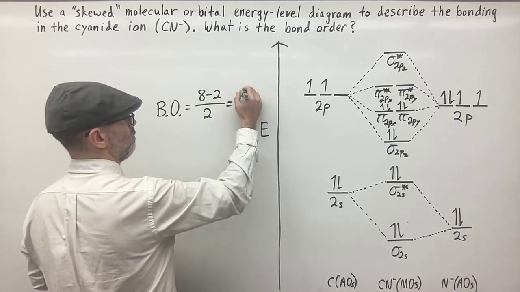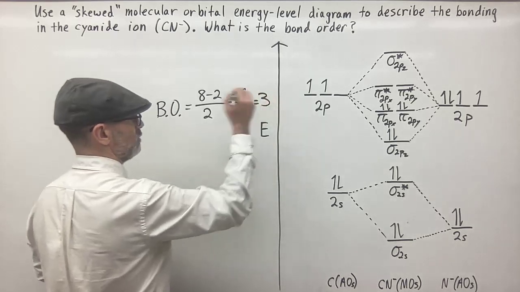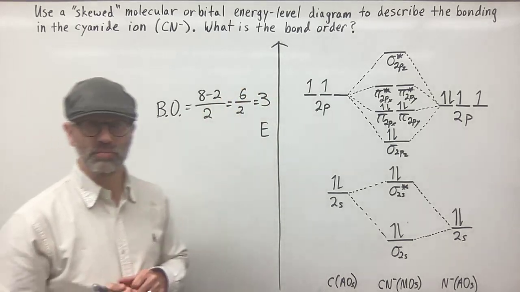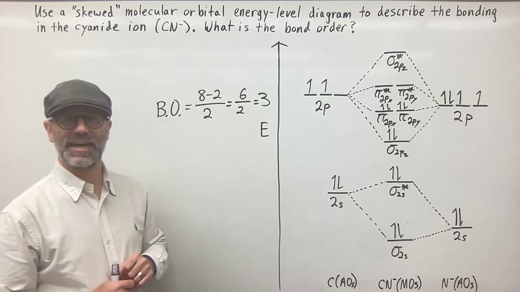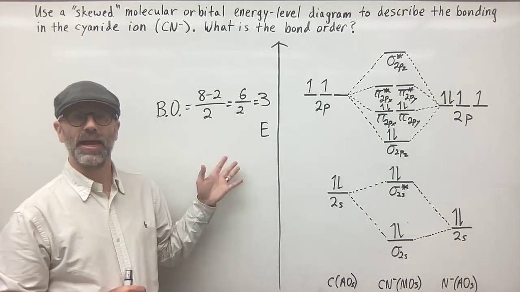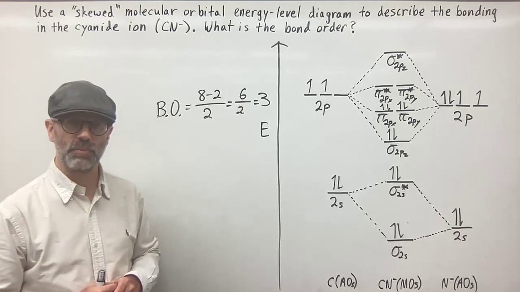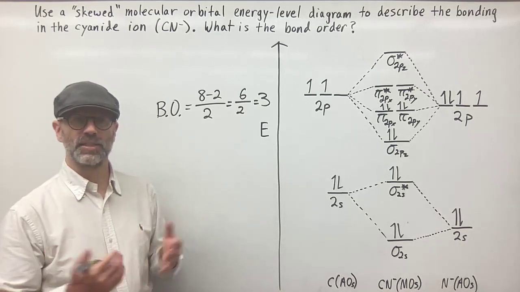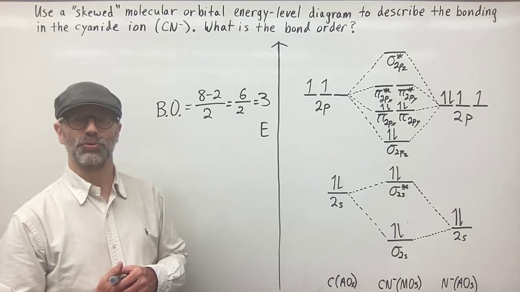So 8 minus 2 is 6, divided by 2, and that gives us 3. So we are predicting that the CN minus ion has a triple bond, or 3 bonds, between the carbon and nitrogen, very similar to the nitrogen molecule N2.